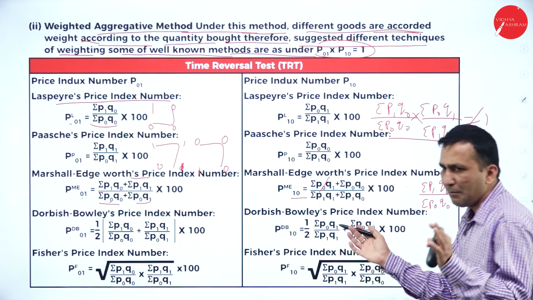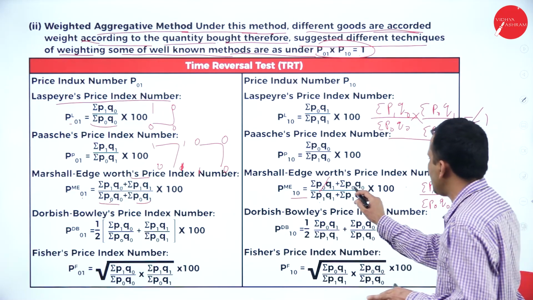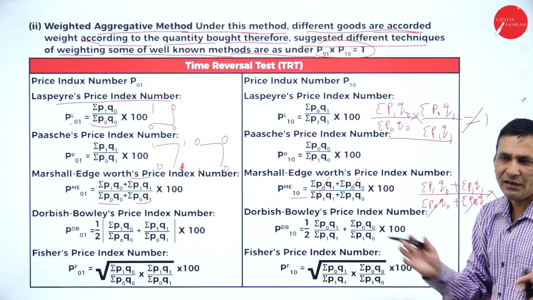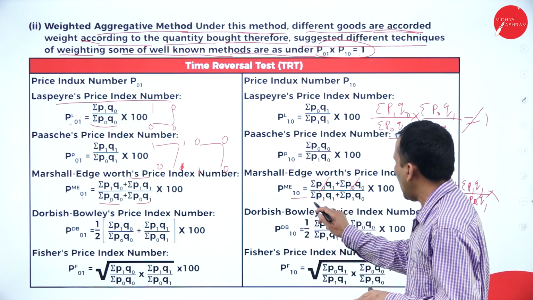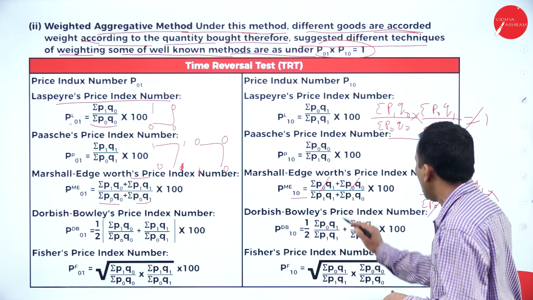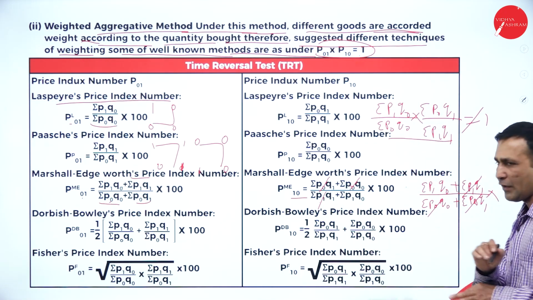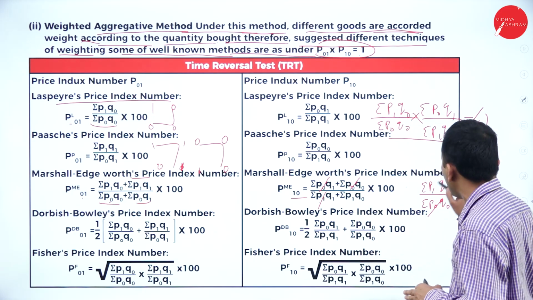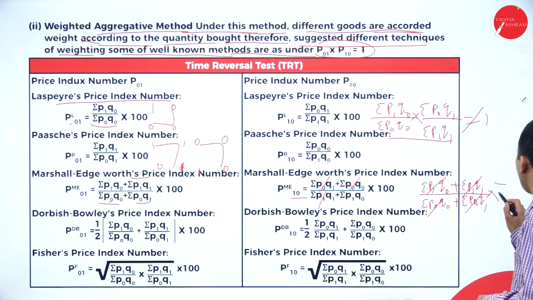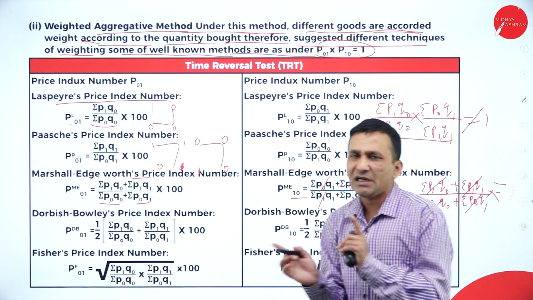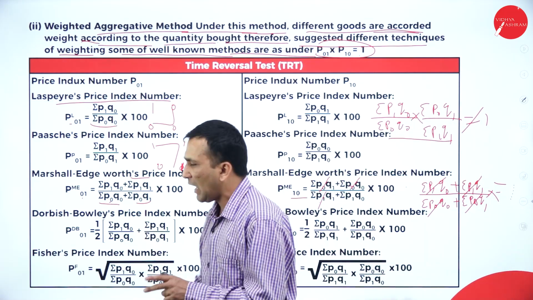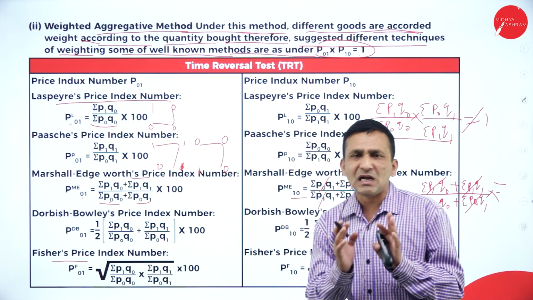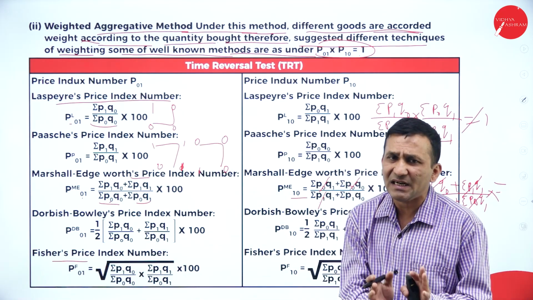Combine together if you are doing, and P0 Q0 in the numerator also and denominator also, easily we can cancel. And the denominator P1 Q1, easily we can cancel for numerator. And in the denominator P1 Q0 is there, so easily we can cancel, easily we are getting 1. So the Marshall-Edgeworth also will be satisfied. In case of Paasche also not satisfied. And the Fisher price index, of course 100% it will be satisfied.